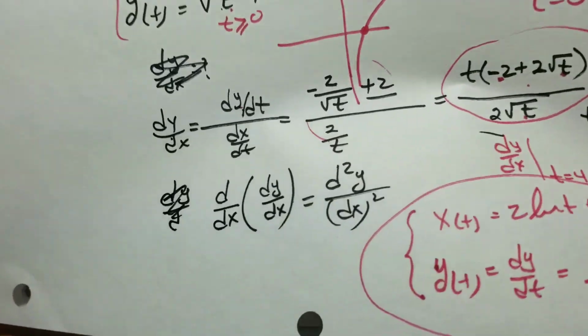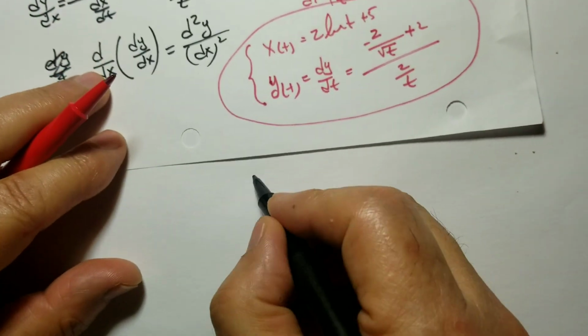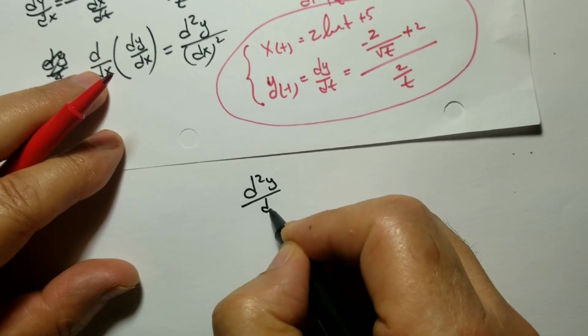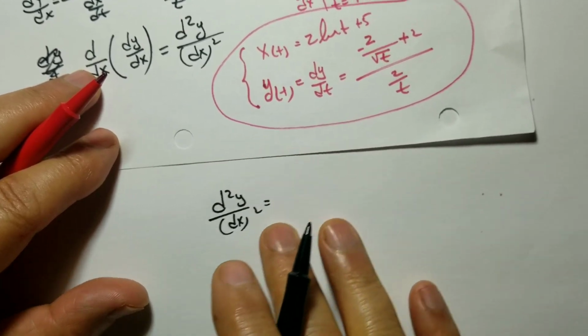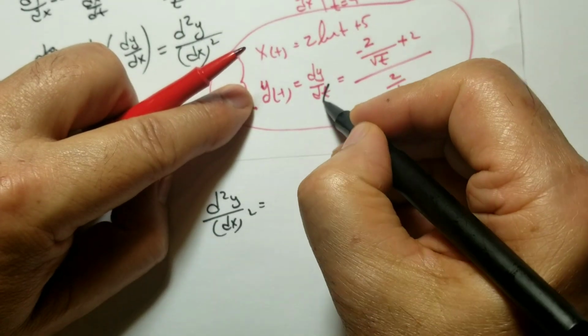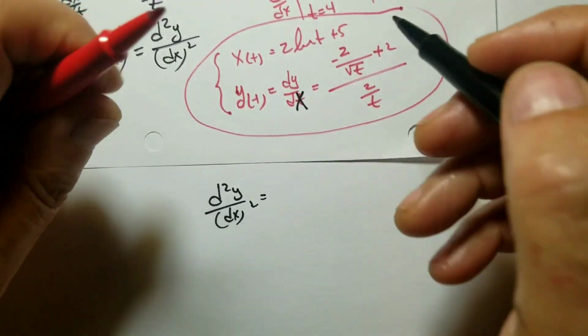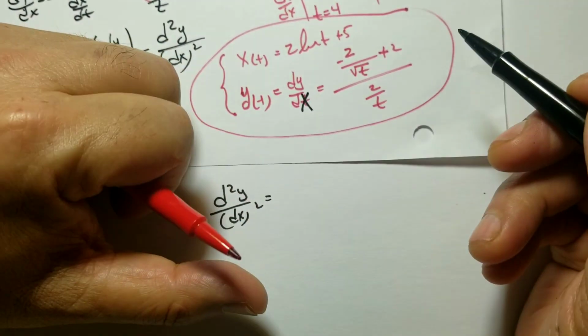And somebody said, how do you take the second derivative, which is d squared y over dx squared? I need the derivative of the dy dx, that's the dy dx, on the top. That's your y. Well, I have to apply the quotient rule.